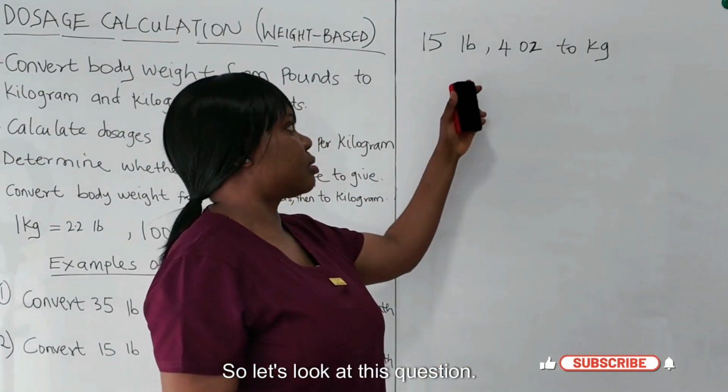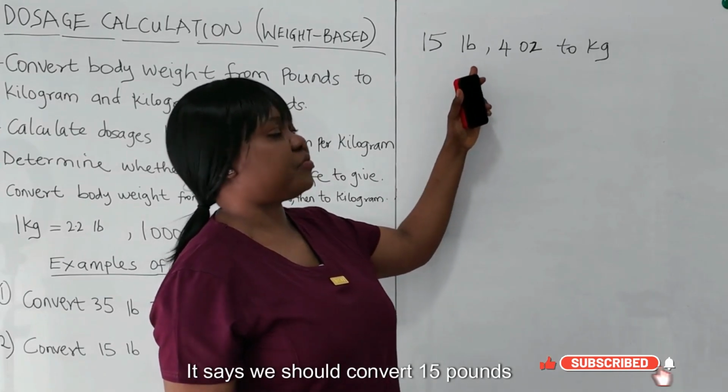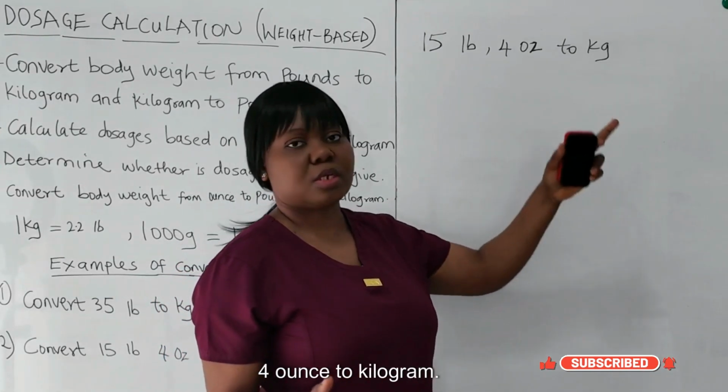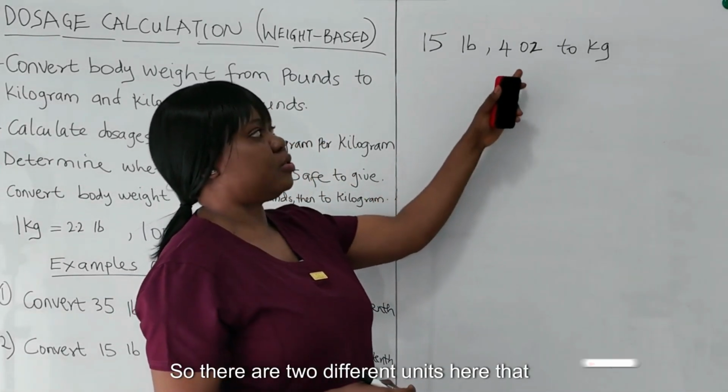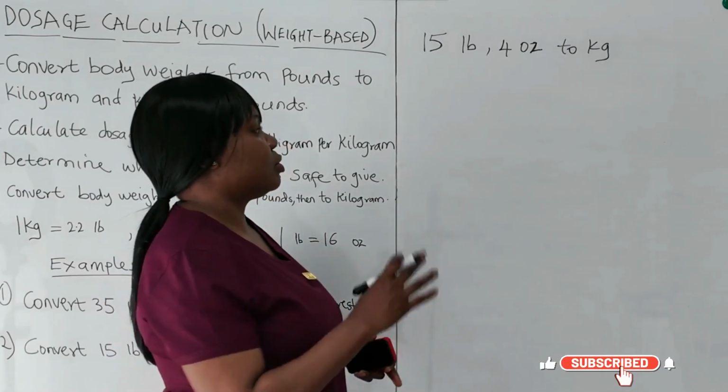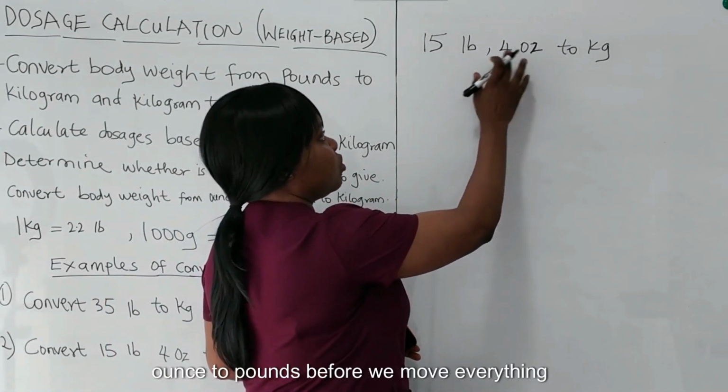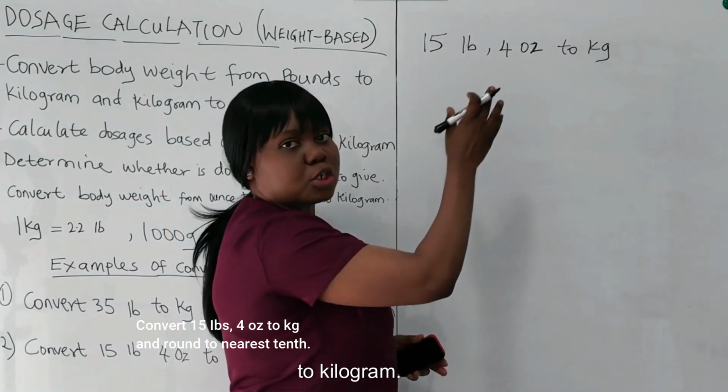So let's look at the next question. It says we should convert 15 pounds, 4 ounces to kilogram. There are two different units here that we're taking back to kilogram. So first, let's convert ounce to pounds before we move everything to kilogram.